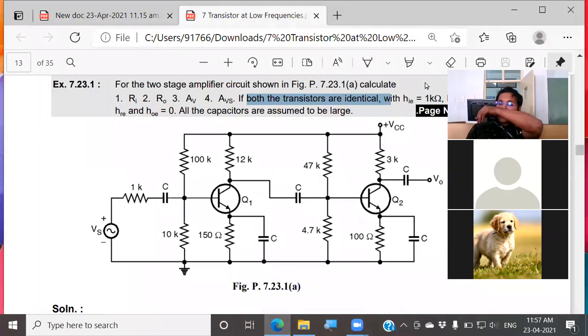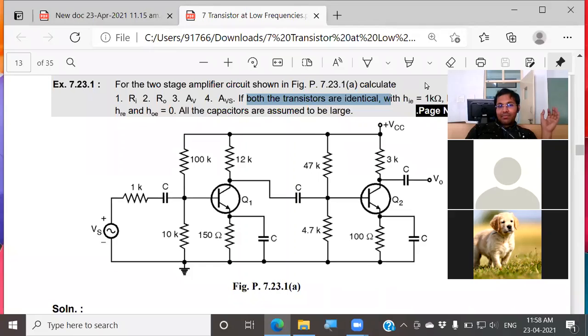For any amplifier, you will go for AC equivalent, then replace the transistor by equivalent circuit. If they ask exact, replace by exact model, or if they ask approximate, replace by approximate H parameter model. Common process. Then RI, AV, AVS, the technique is the same.